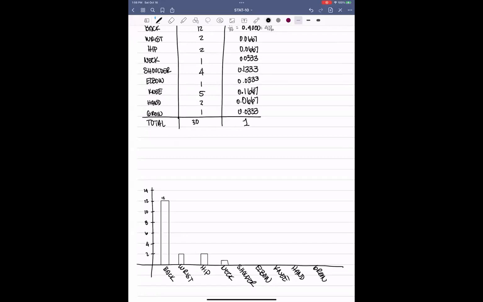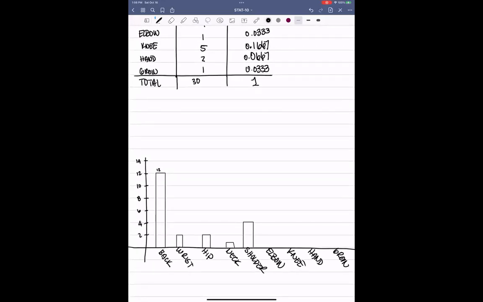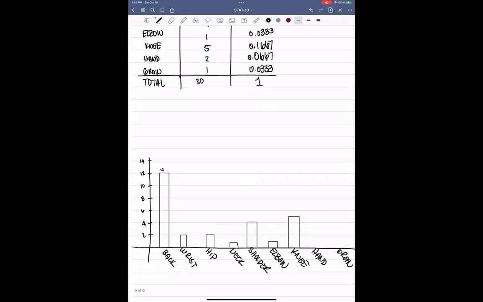Shoulder was 4. Elbow was 1. Knee was 5, so we're going to go between this 4 and the 6. Hand was 2.